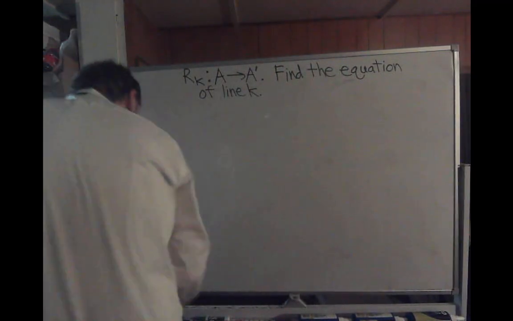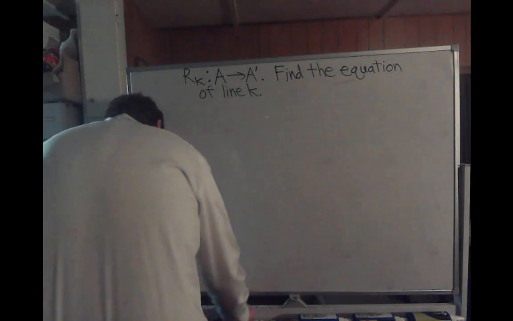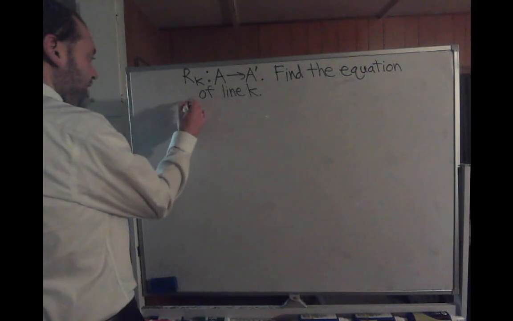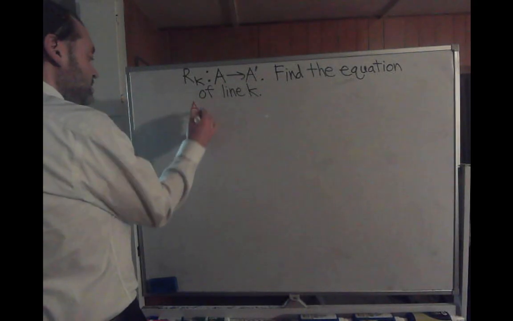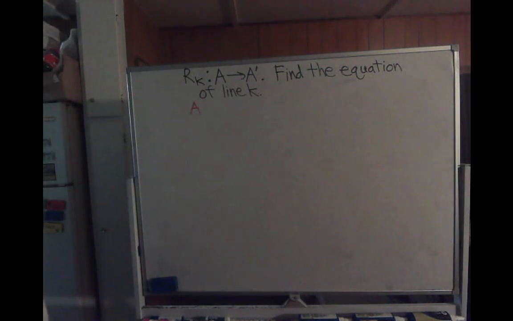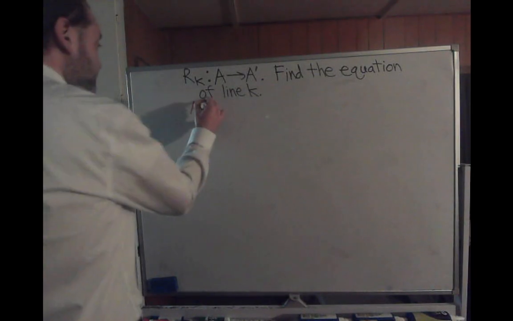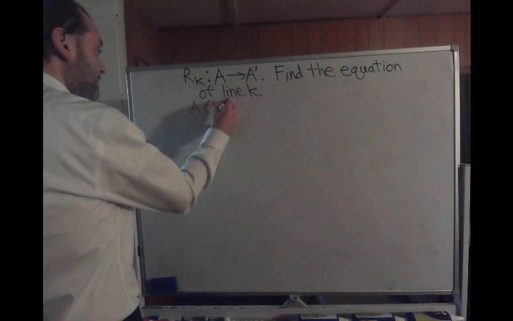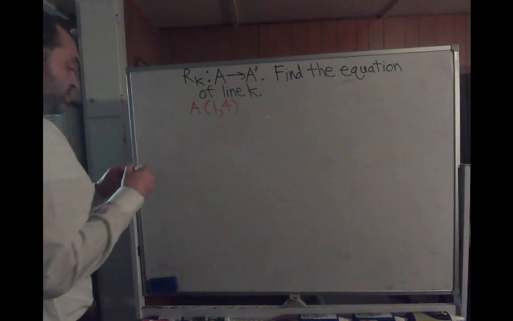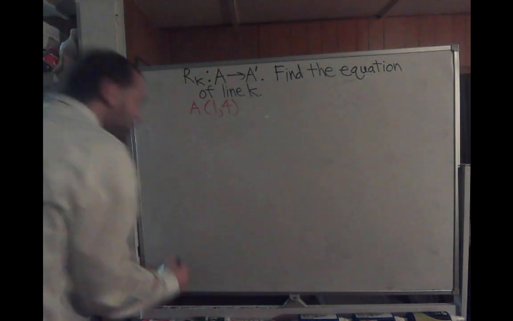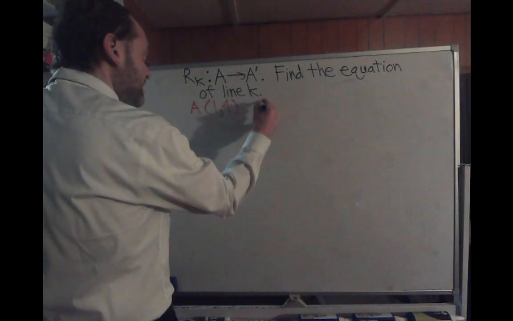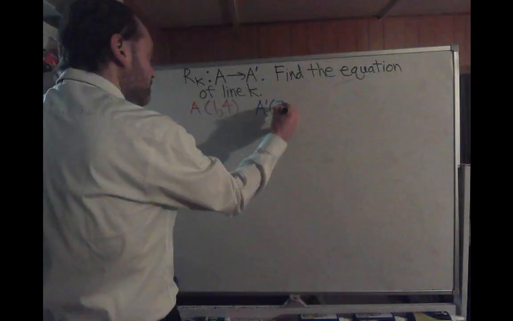Alright, so let's say this time you have a point A that is at the point 1, 4. And then you have an A prime that is at the point 3, 4.